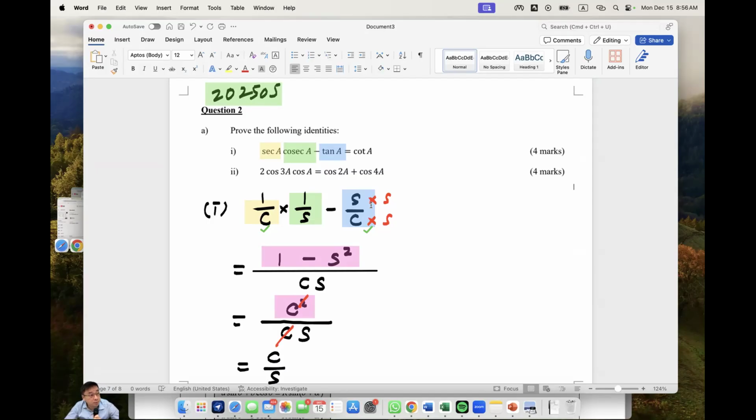What is cos over sine? Cotangent. Do you get it now? Yes, sir. Okay, not so difficult. As I mentioned, you need to know all the secant, cosecant, tangent, all of them actually can be rewritten in terms of sine, cos, and then you do some simplification and then you get a final answer.